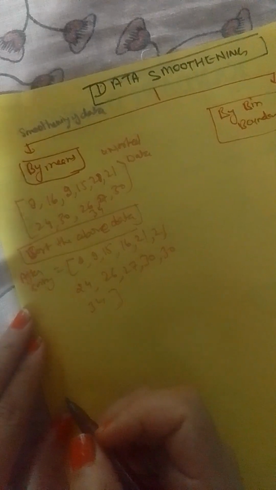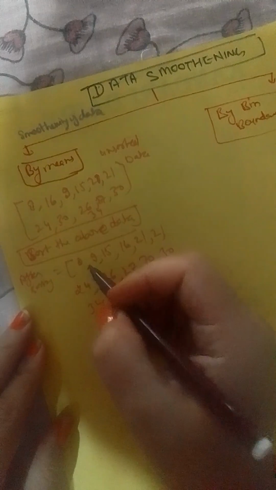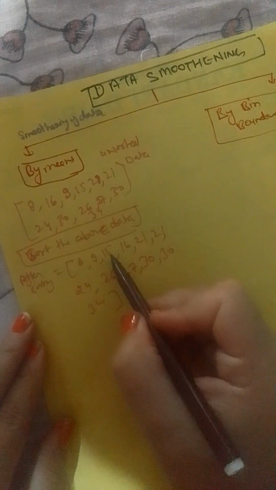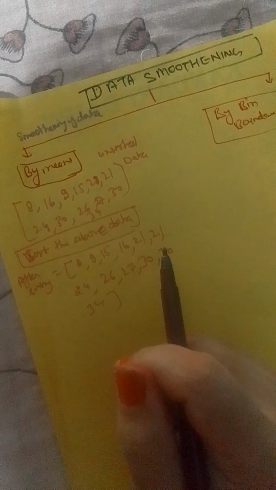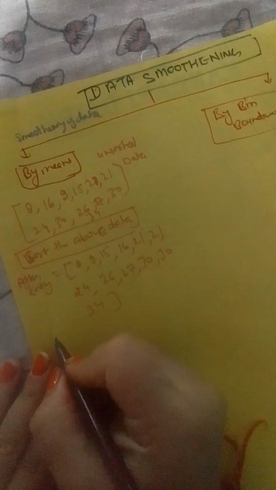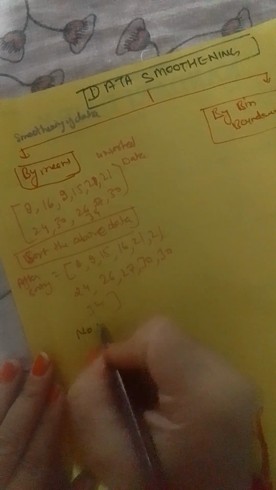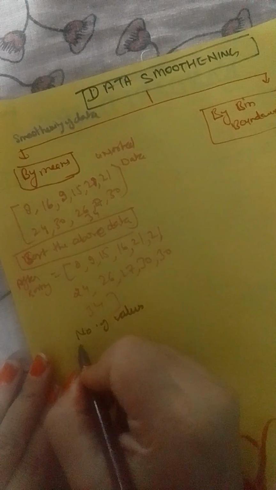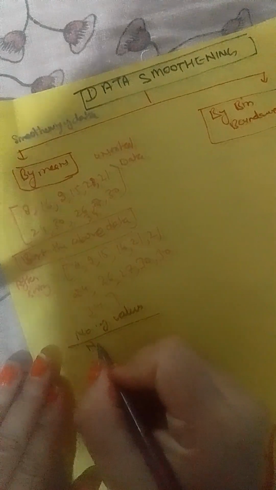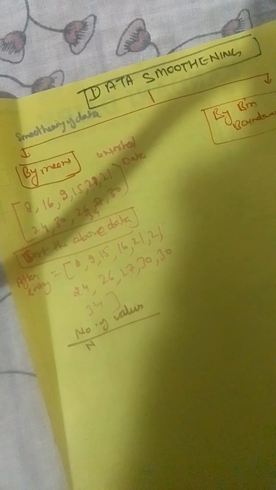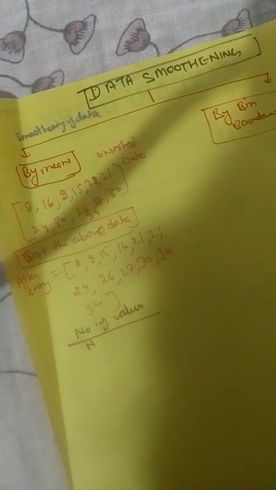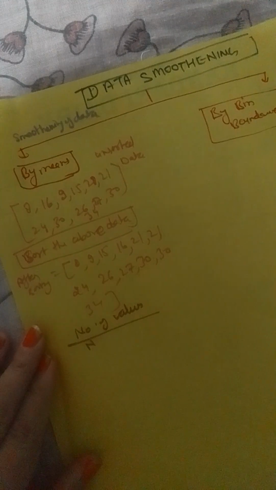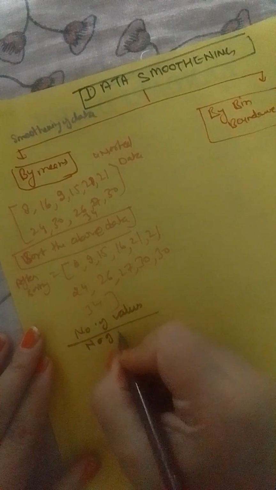Okay. So how many values are there in this data? 1, 2, 3, 4, 5, 6, 7, 8, 9, 10, 11, 12. Fine. Now we'll divide the number of values by the number of bins.